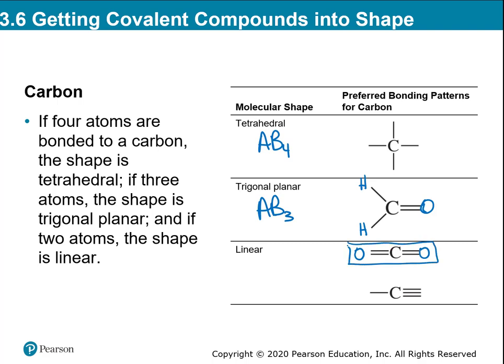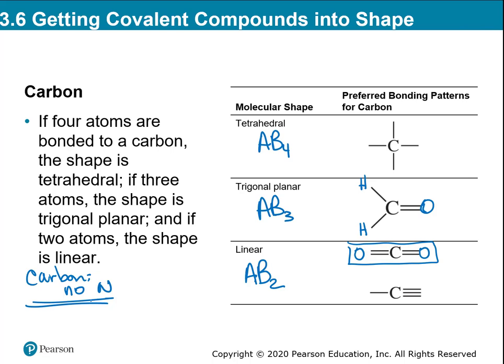And what's its ABN? AB2. Because it has 2 groups. So it's just AB2, no N. Notice carbon has no N, ever. It's either AB4, AB3, AB2.